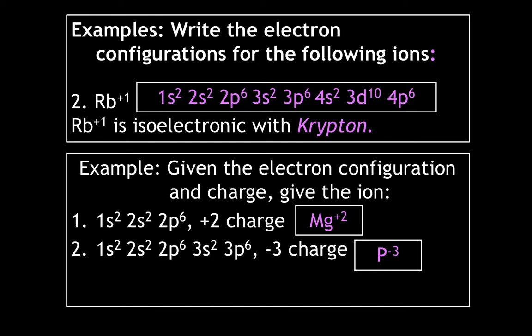So you do the same thing, 1s2, 2s2, 2p6, 3s2, 3p3. Okay, so 3p3, so that's 1, 2, 3, that's phosphorus, with a -3 charge, okay?